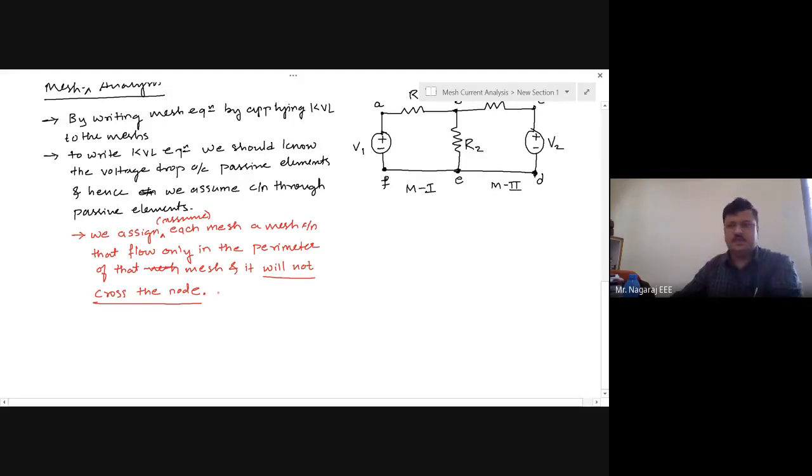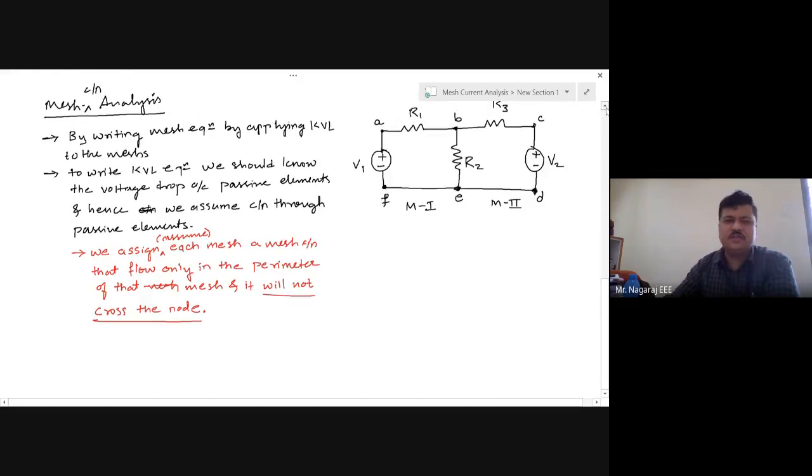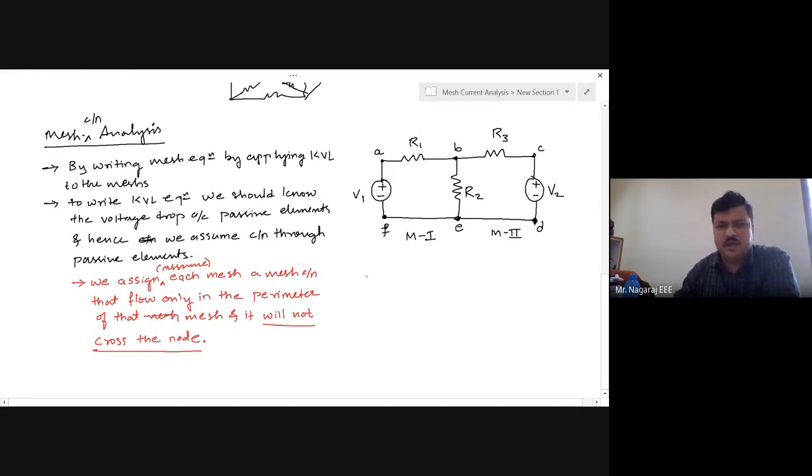So what does this mean is, mesh current is a fictitious current. It is an imaginary current that I assume to flow in each mesh. So I assume that there is one current flowing in this mesh, and this current flows only in the perimeter of this mesh. That is, if I take this as I1, it flows through V1, R1 and R2. That's it.